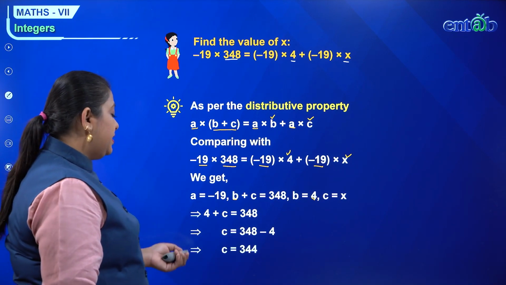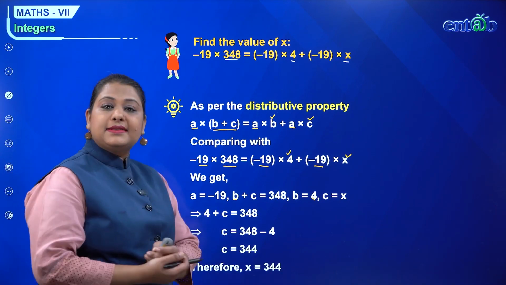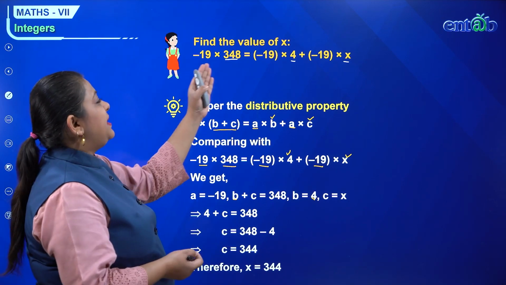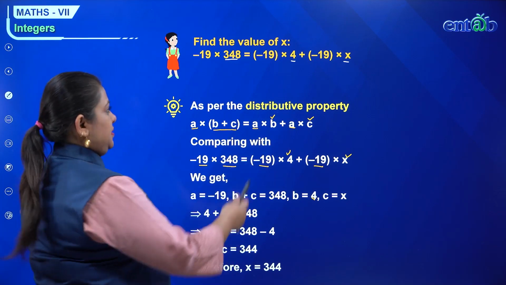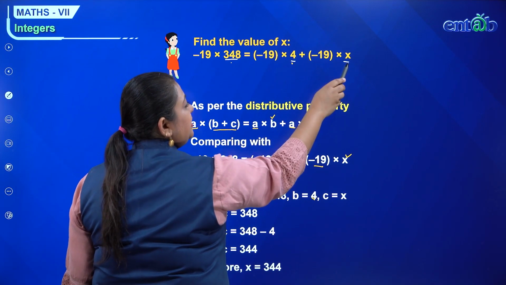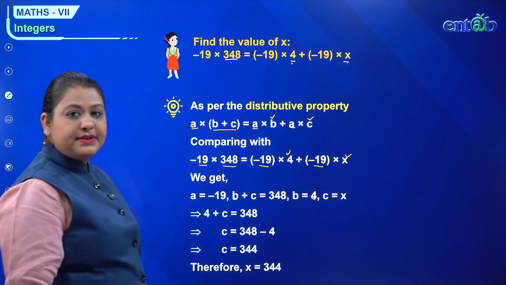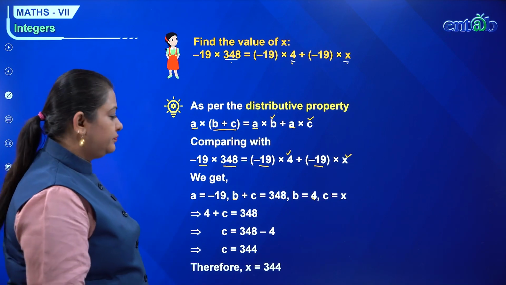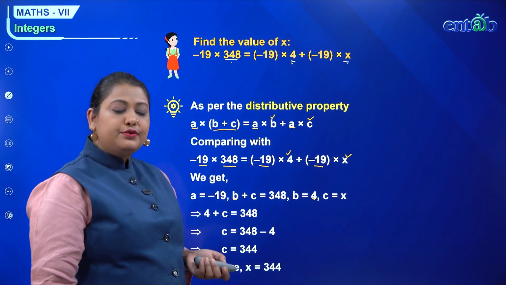So c is equal to 344, and therefore we can say x is equal to 344. You can simply solve this mentally also, but make sure you know that 348 can be written as a sum of two numbers. So you just need to figure out the other number here. I hope this is clear to you.